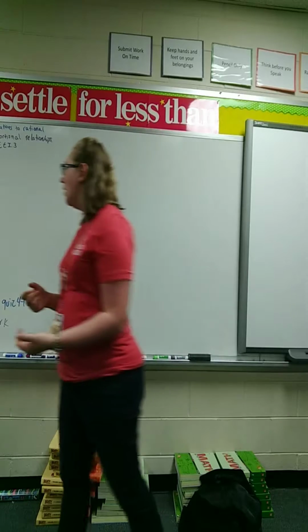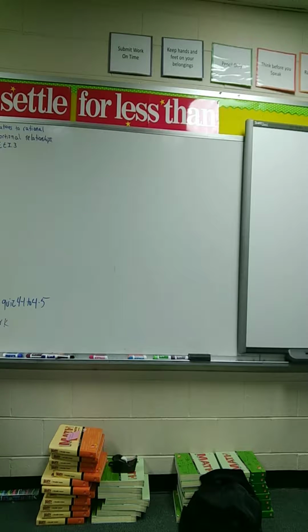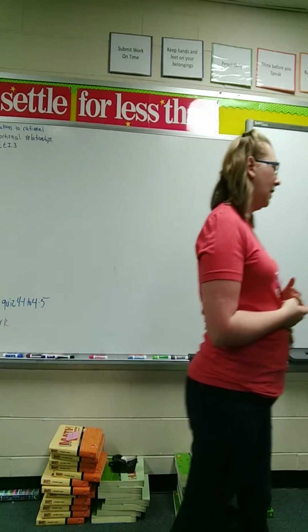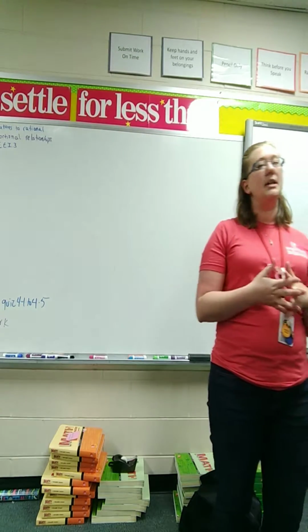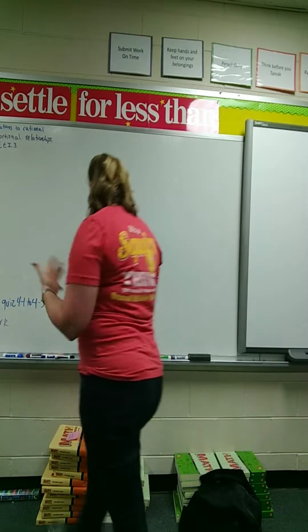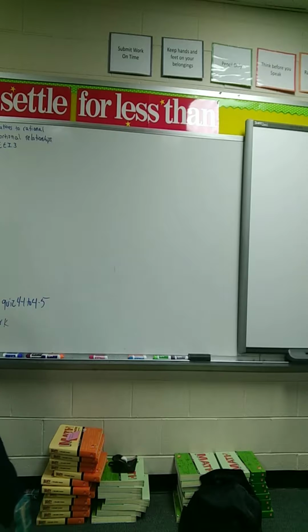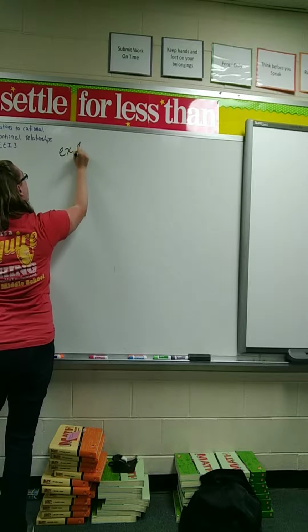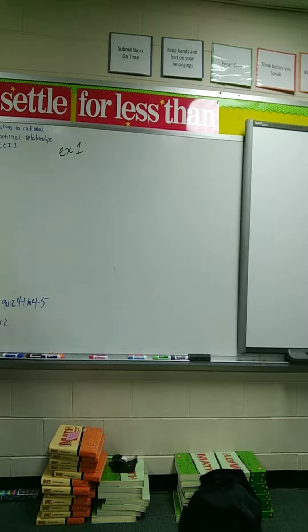We are looking at page 206. There are 2 different ways that we can check. The first way, and I'm looking at example 1, says to determine whether the cost of coffee is proportional to the number of pounds.